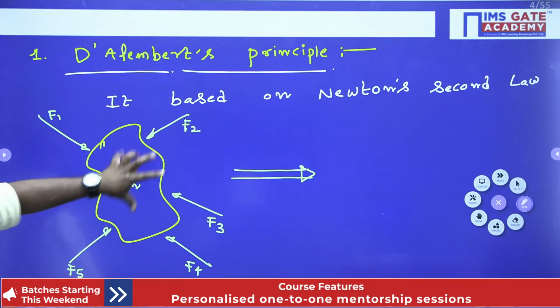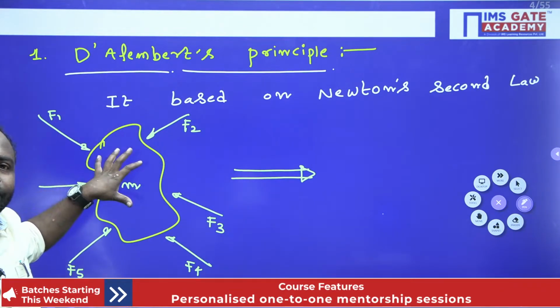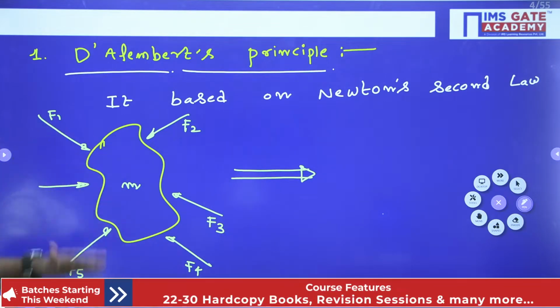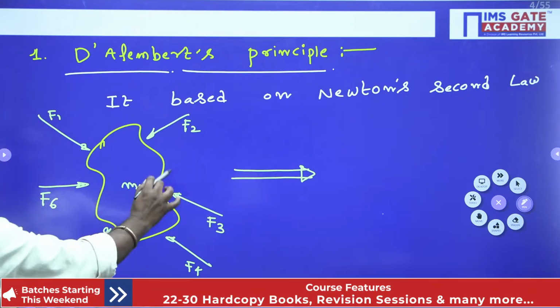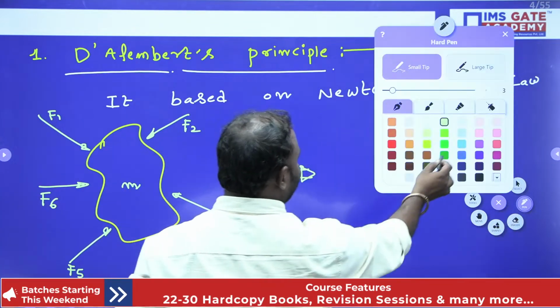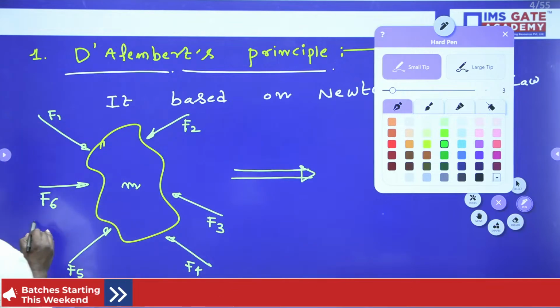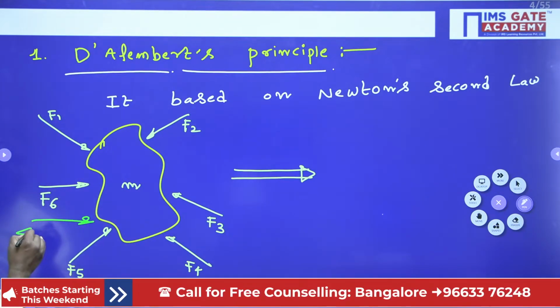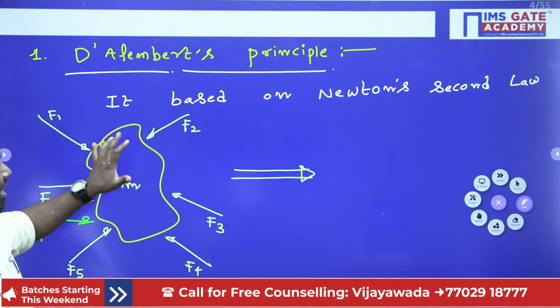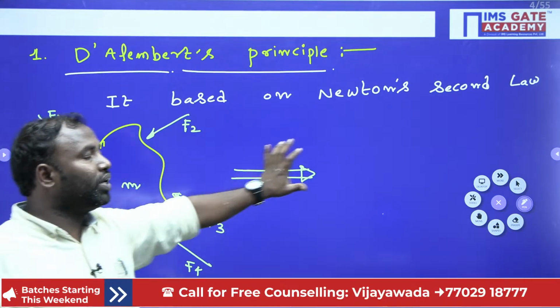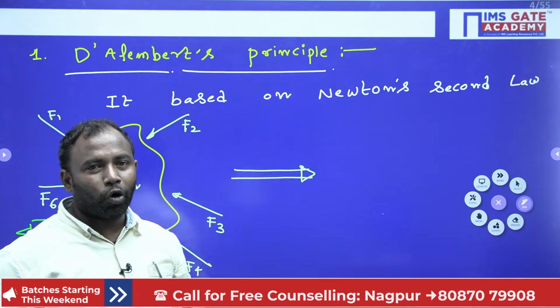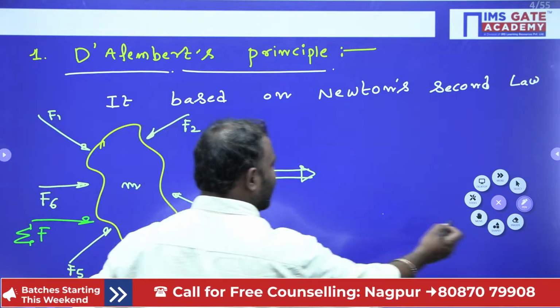Suppose you take the net force of all these forces, F1, F2, F3, F4, F5. If the net force acts in this direction, I will write the net force as sigma F. So, this sigma F acts in this direction such that this body is going to move in this direction, all right guys, hope you understand. So, here it is the direction of motion.